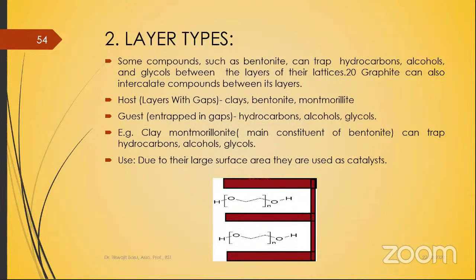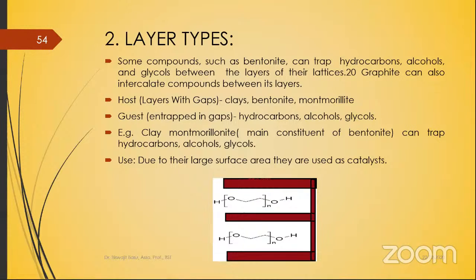Then the second classification is layer type. Here some compounds are there, for example, clay or montmorillonite. Now what is montmorillonite? Clay or montmorillonite or bentonite. That is a constituent of bentonite.